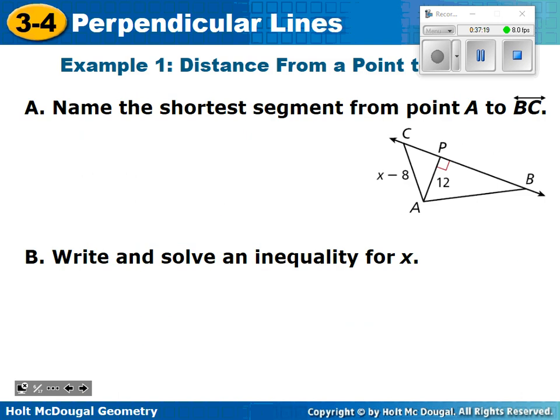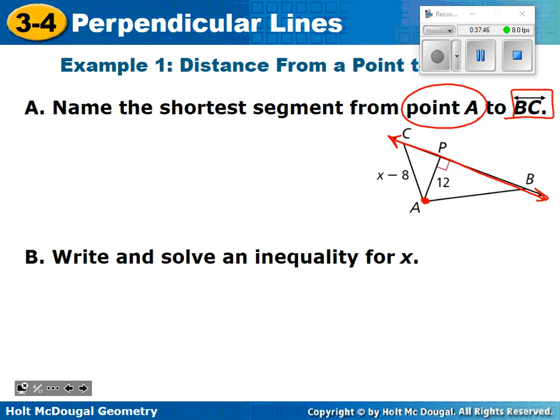So the first part of the notes and the homework is not proofs. It is really easy. It just says name the shortest segment from point A to line BC. So find point A, find line BC. What will be the shortest segment that goes from point A over to line BC?